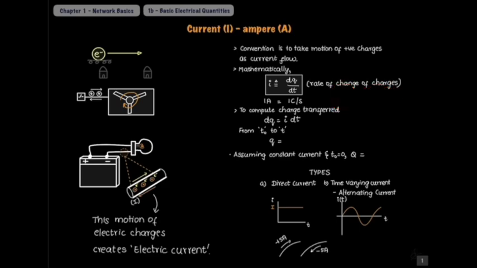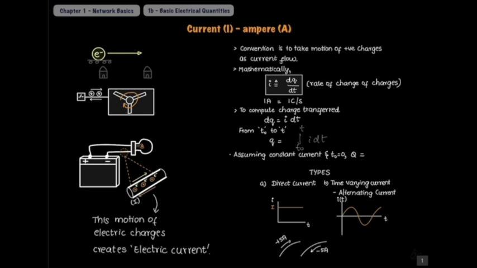Now inverting it back to compute the charge transferred for a given current, it is the same equation, which is dq is equal to I dt. Now if I am interested in the charge transferred from t0 to t, then it is nothing but the integral from t0 to t of I dt.